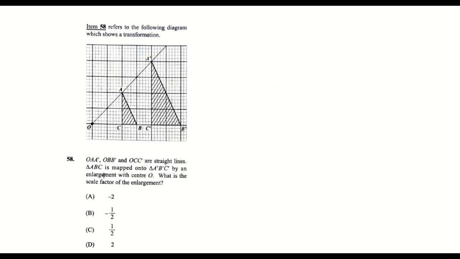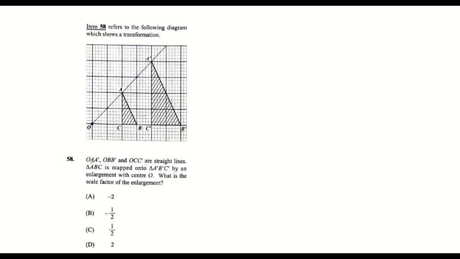Right, 58, it refers to this diagram. Lines OAA, OBB and OCC are straight lines.